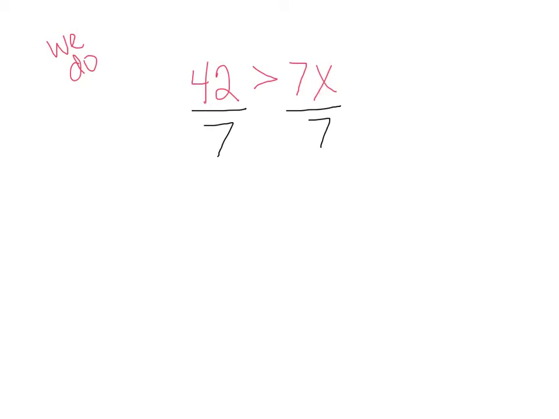It's the inverse property of multiplication, the opposite of it. Cancels that out, leaves me with x. And 7 fits into 42 6 times. So x is smaller than 6, because the alligator goes after bigger numbers. And this is at the alligator butt, so that's the smaller number. So x must be smaller.